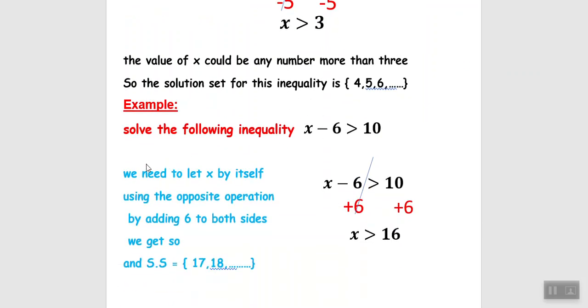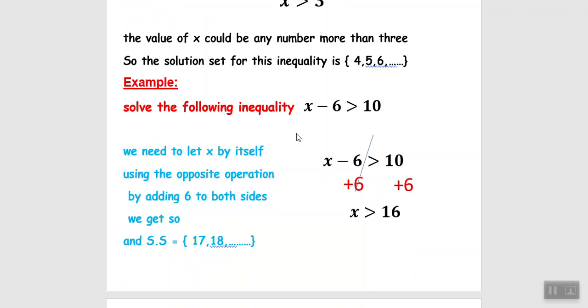Let's see this example. Solve the following inequality: x minus 6 is greater than 10. We need to leave x by itself using the opposite operation.